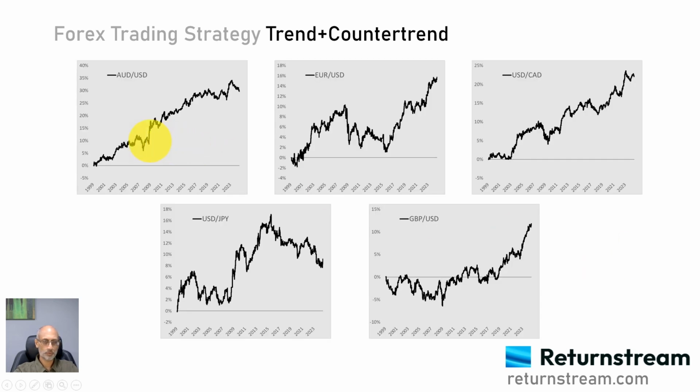And here are the equity curves of blending those two systems 50% each on the 5 different currency pairs. So here's Aussie dollar USD, and that's 50% trend and 50% counter trend. Same here for euro, Canadian yen, British pound.